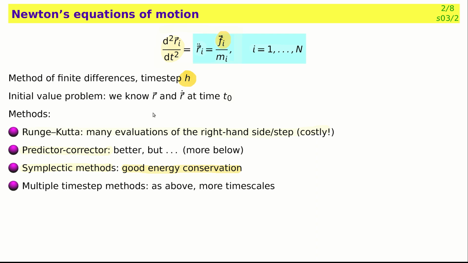We will calculate the fast motion more often and the rest once in a while. These are the so-called multiple time step methods. They are usually symplectic, quite demanding. I will not speak about them in detail, but you should know that something like this exists.